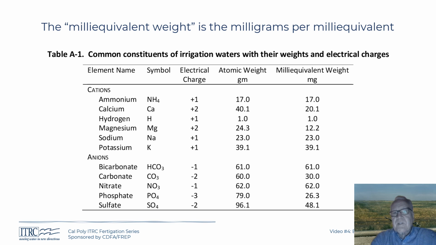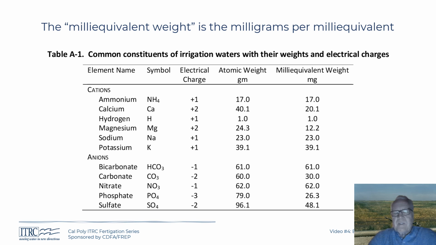If you notice, it's switched from grams to milligrams, because it's milligrams per milliequivalent. In other words, there's 17 grams in one equivalent weight, and there's 17 milligrams in one milliequivalent weight.